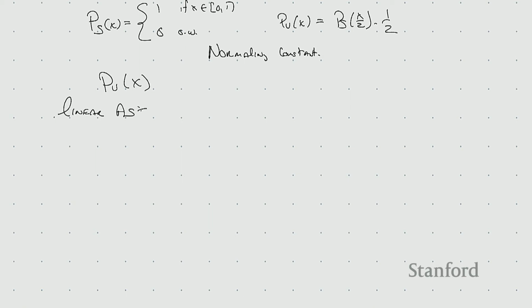AS equals U. What happens in higher dimensions? Well, we still have P_U of x equal to P_S of A inverse x, but we need a normalizing constant here. If you imagine I'm taking a box and I multiply it by a matrix A, how does the volume change? That's the determinant.